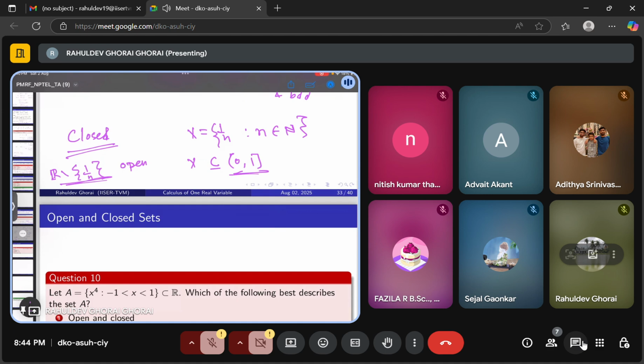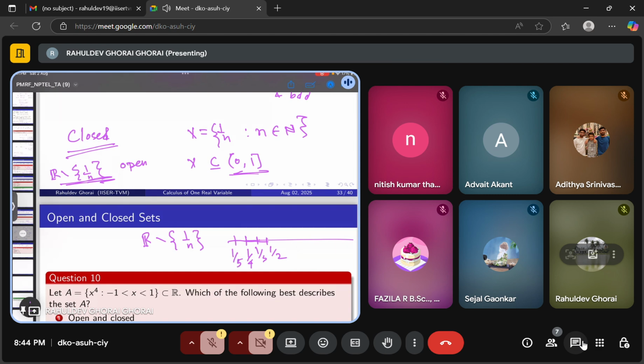So that you can easily prove, I think, right? Take any point. These are the points you are excluding from R: 1 by n. You have the whole real number line, and you are excluding 1 half, 1 by 3, 1 by 4, 1 by 5, like that.